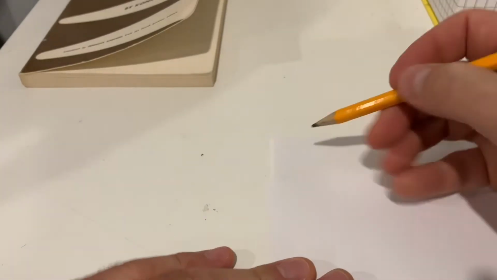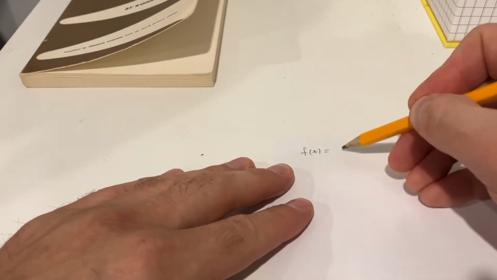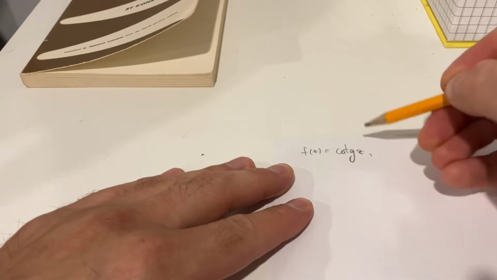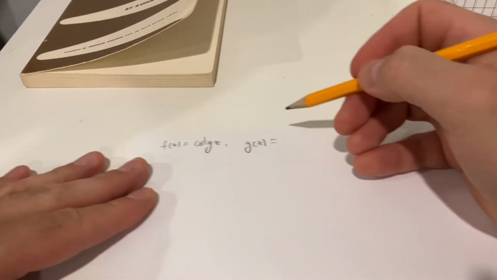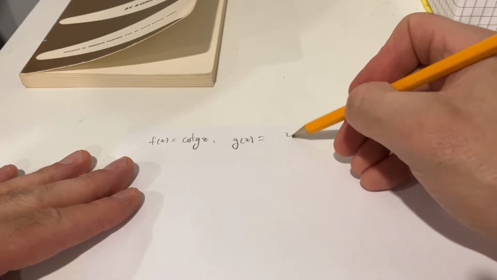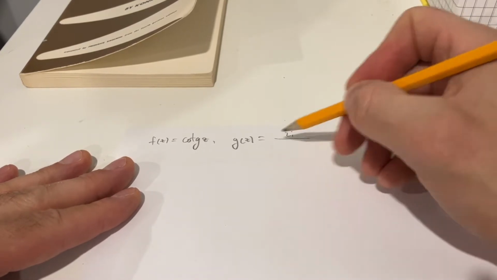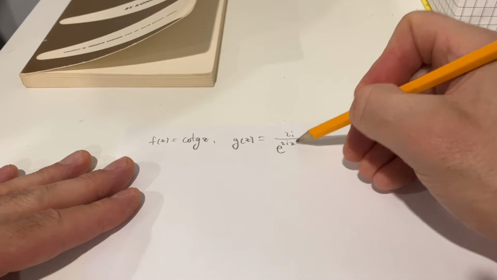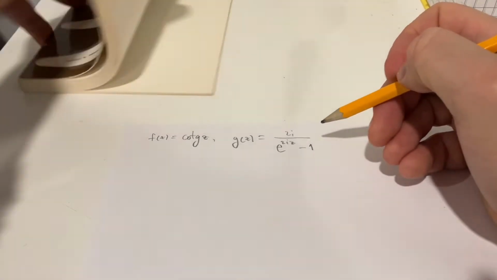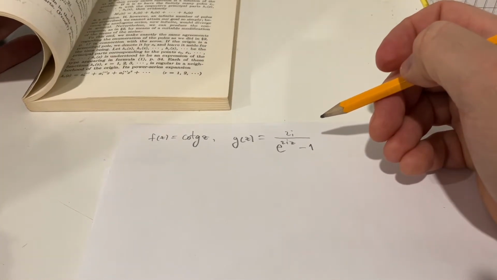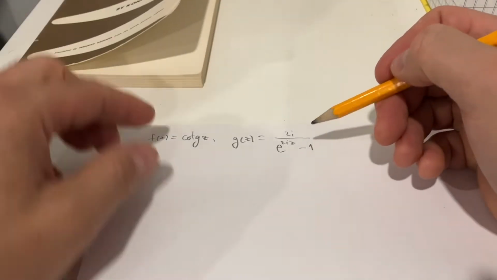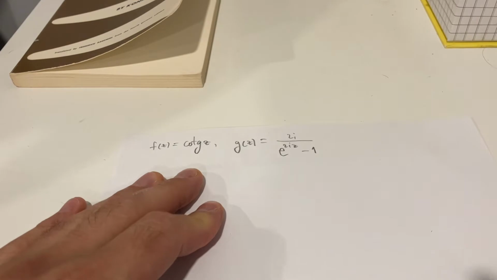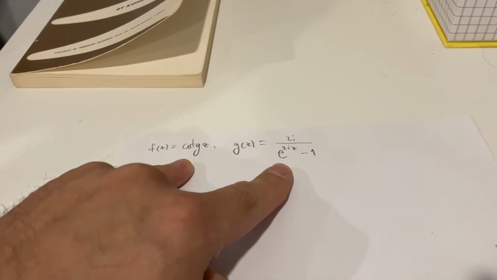So we have two functions here, f of z equal to the cotangent of z, and then we have this other function g of z equal to, what was it, 2i over exponential of 2iz minus 1. Was it? Let me check it, because 2i over exponential of 2iz minus 1. So first of all, these are meromorphic functions, okay?